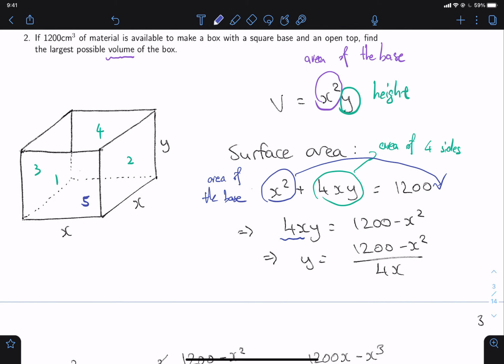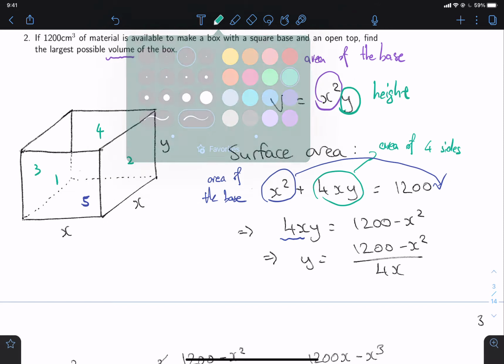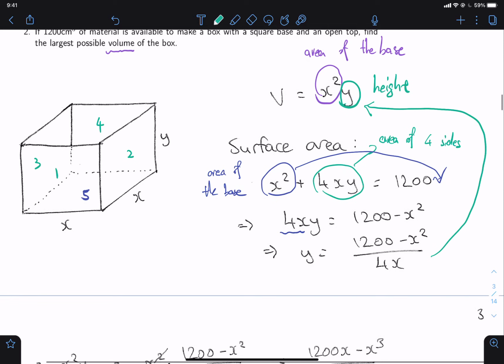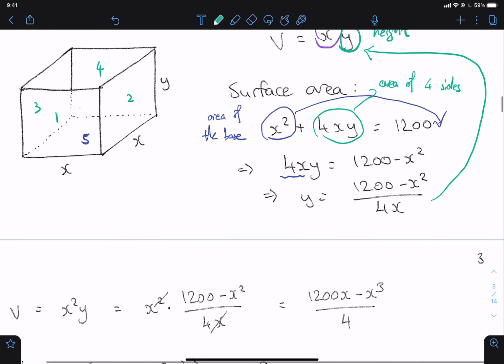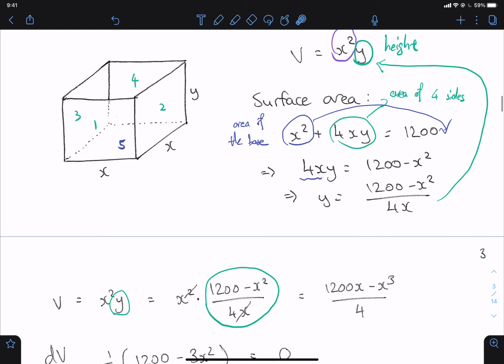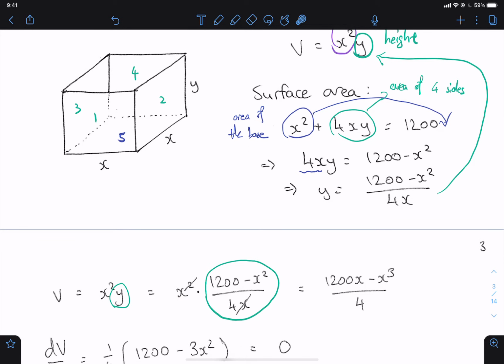After this, we plug this expression for y back into the previous expression, so that we have the volume written in terms of one variable. That is, just replace y with this expression. Now this x cancels with one of the x's here, so the x gets distributed into both terms.